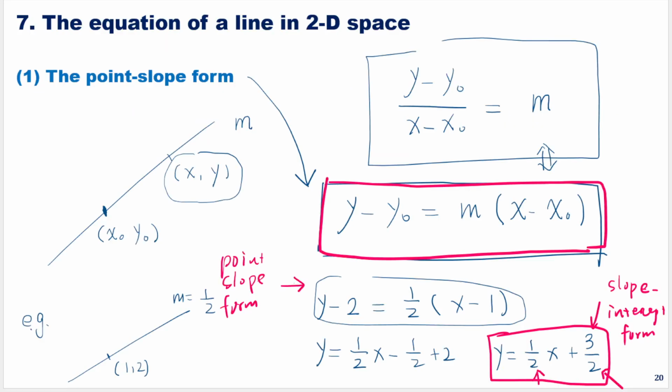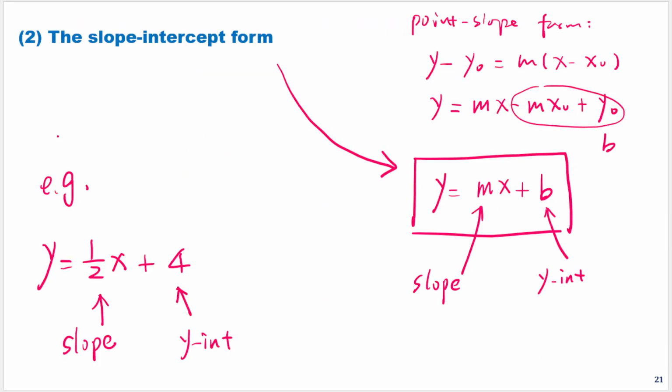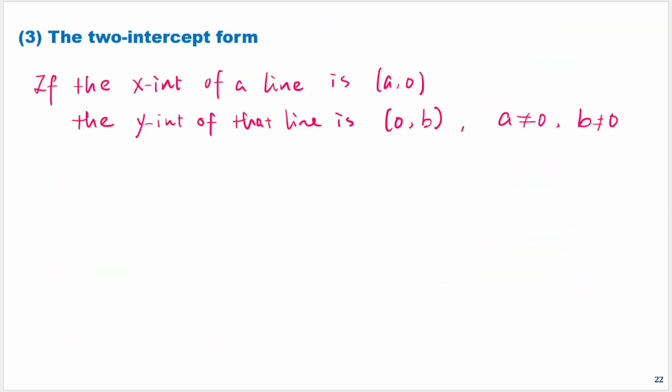So we have already learned the point slope form and slope intercept form, right? So first of all, we could find the slope of that line. The slope of that line is delta y over delta x, so we could use b minus 0 over 0 minus a, which is negative b over a, right? This is the slope of that line.